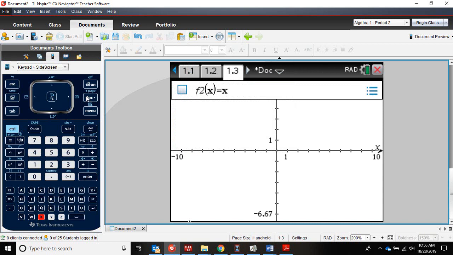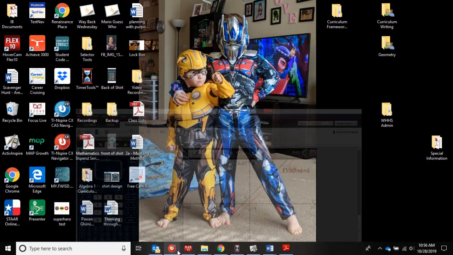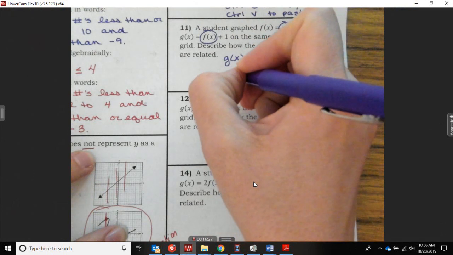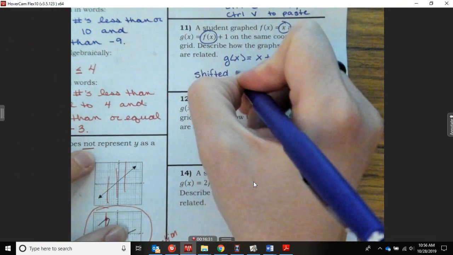So my original is x, and now I push tab to get my new one, which is x plus 1. And what happened is the whole graph moved up 1. Okay, so it shifted up 1.